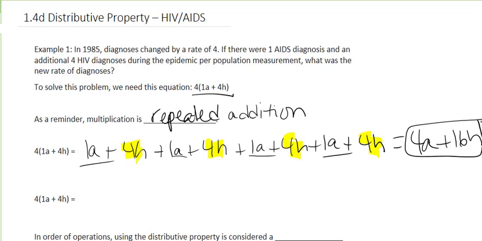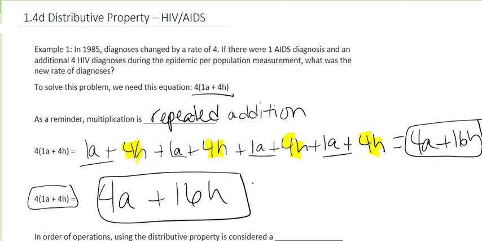But if we did distributive property, like we will right here, we can multiply 4 times 1a, which is 4a, 4 times 4h, which is 16h.